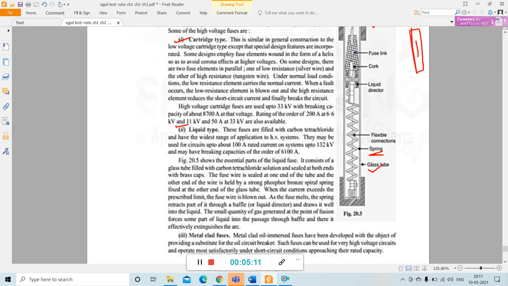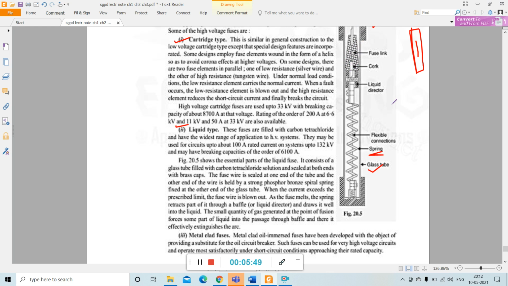When fault current occurs, this fuse element melts, and the spring retracts. Some part of the liquid passes through the liquid director or baffle and flows towards the fuse element area.